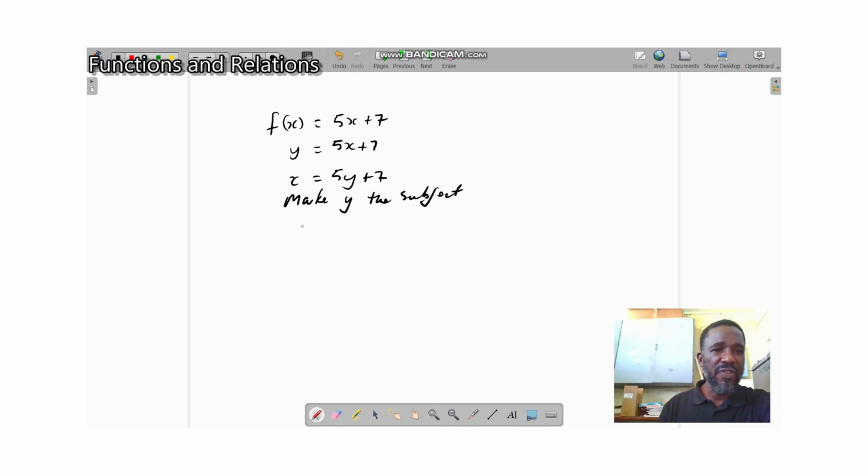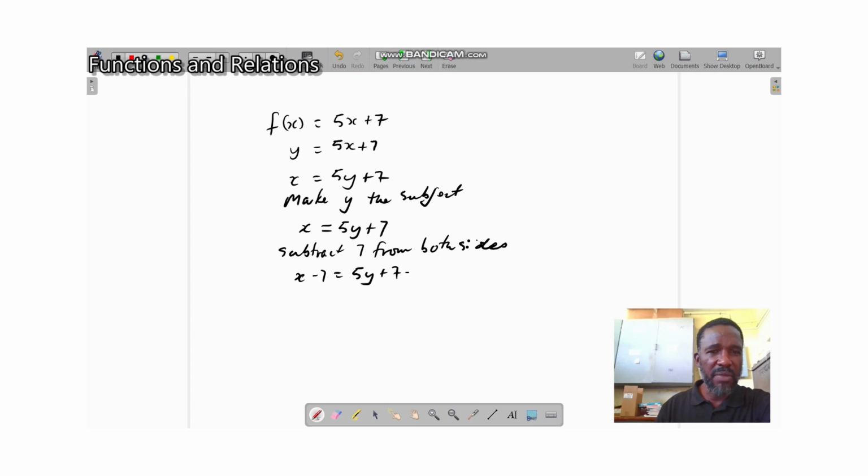We have x is equal to 5y plus 7, so we are going to subtract 7 from both sides. We have x minus 7 is equal to 5y plus 7 minus 7. 7 minus 7 gives us 0, so therefore 5y is equal to x minus 7.